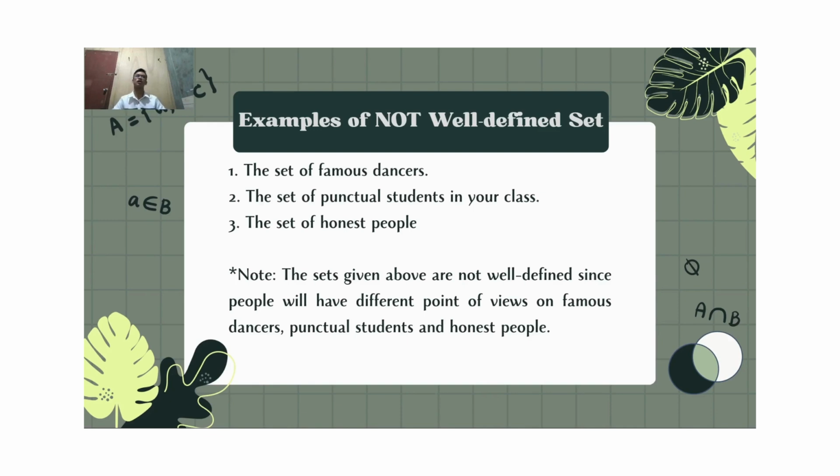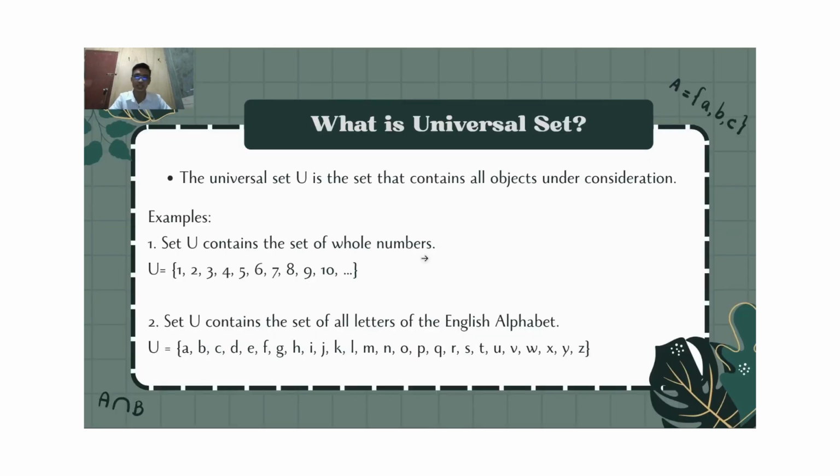When referring to dancers, I have a different kind of view. You have dancers who for you are famous dancers, and I have those who for me are famous dancers. Also, we have the punctual students and honest people.